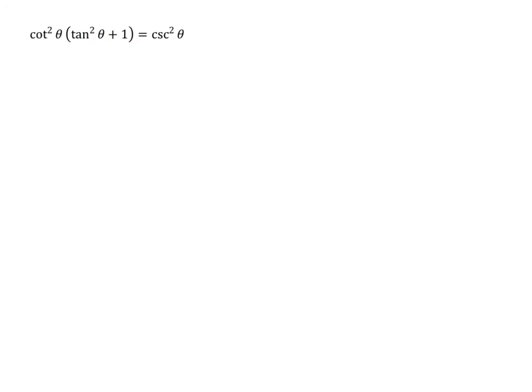So I will rewrite this to be the cotangent squared of theta times the secant squared of theta. Because remember, tangent squared of theta plus 1 is secant squared of theta. And I want to prove that that's equal to cosecant squared of theta.